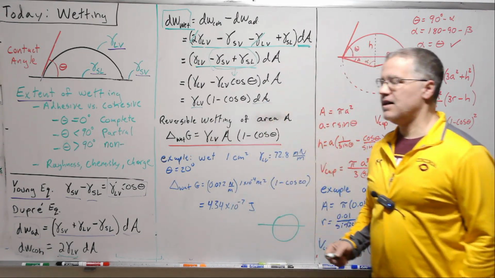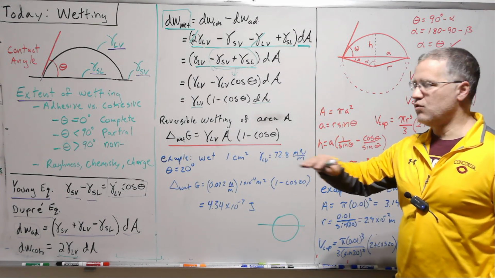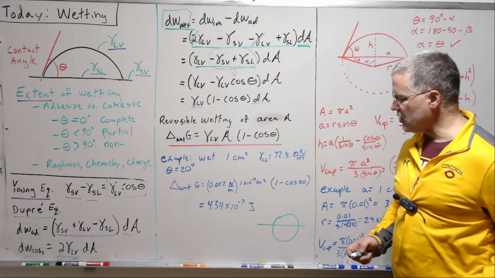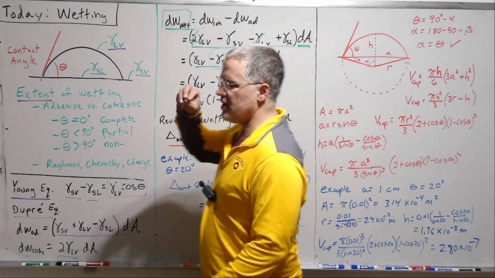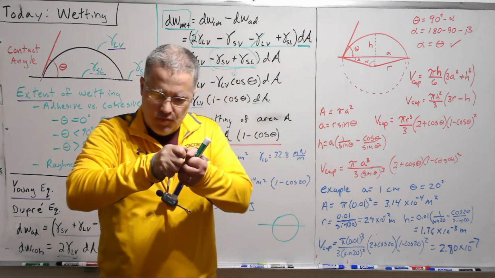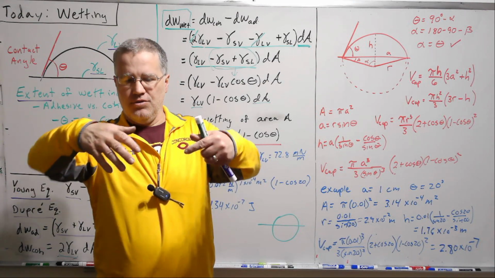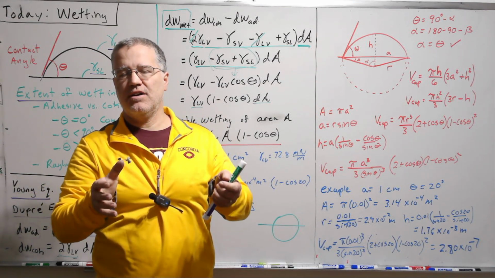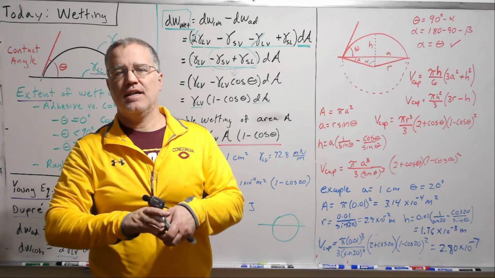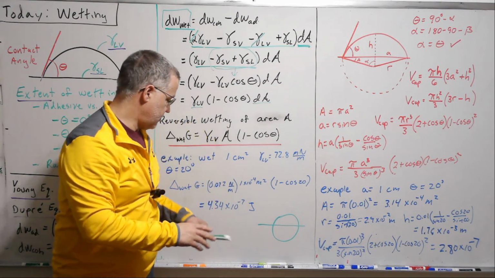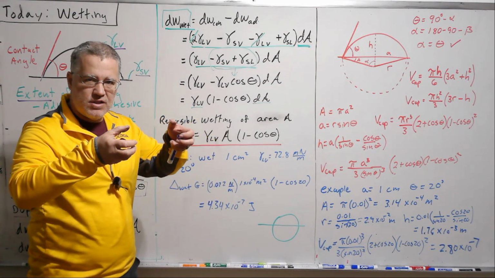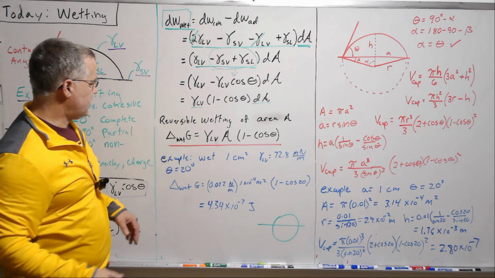And then the area again of what's being wetted. Okay, so this is for an infinitesimal amount of wetting surface. So let's take that from 0 out to the size of the area that we are wetting, and let's do that reversibly. So just infinitesimally slowly, we wet that surface.